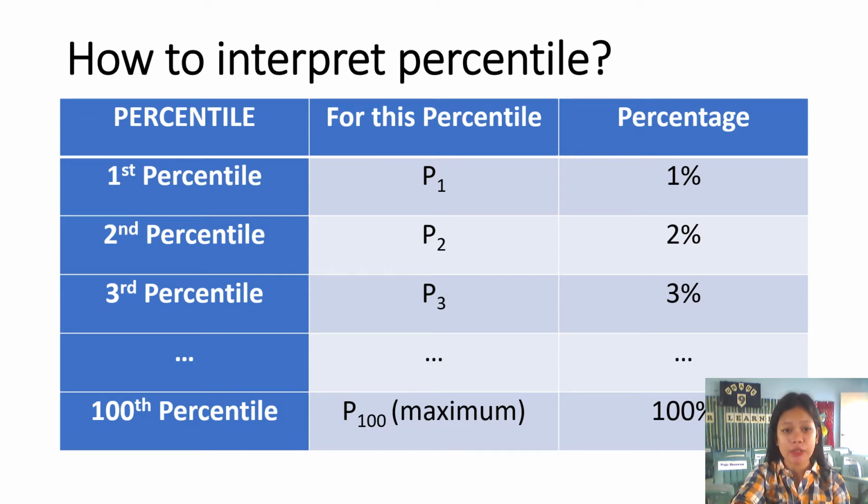And the 100th percentile is equivalent to 100% in percentage, which means 1% of the distribution are below the first percentile, 2% of the distribution are below the second percentile, and 3% of the distribution are below the third percentile. And of course, 100% of the distribution are below the 100th percentile.